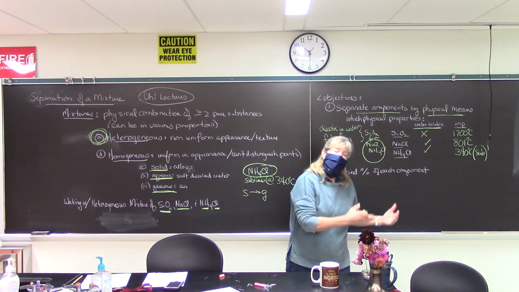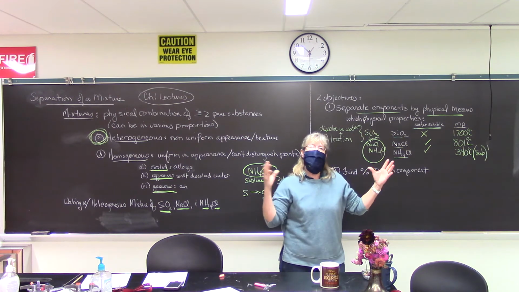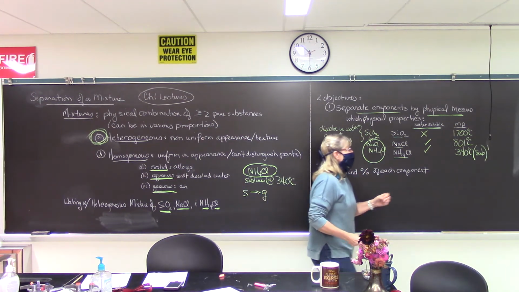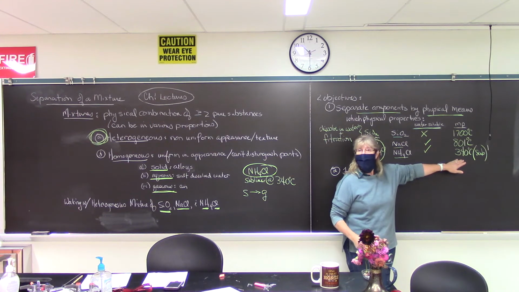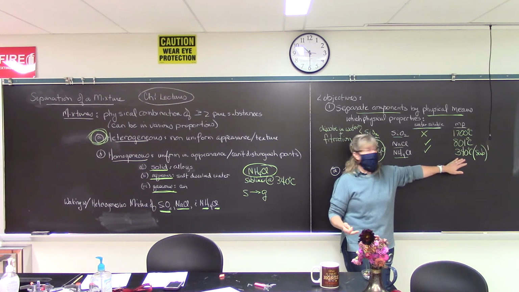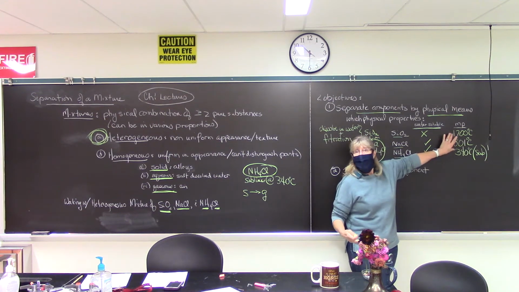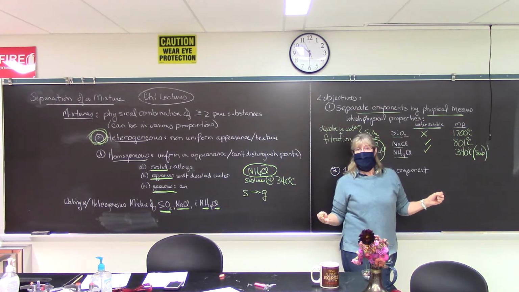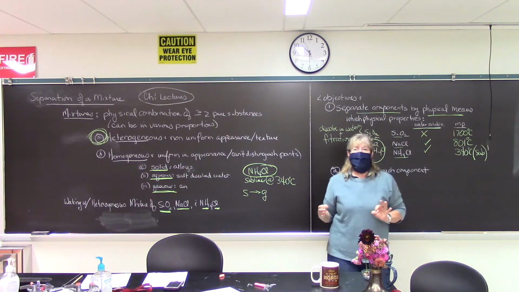It's the ammonium chloride subliming, all kinds of white vapor escaping. That's cool because it sublimes at a temperature that's way below anything that table salt or sand is going to do.